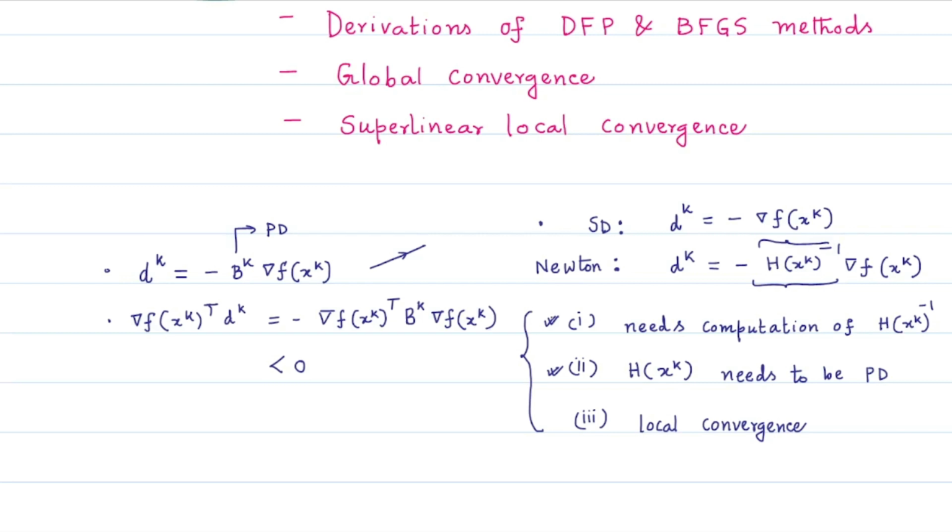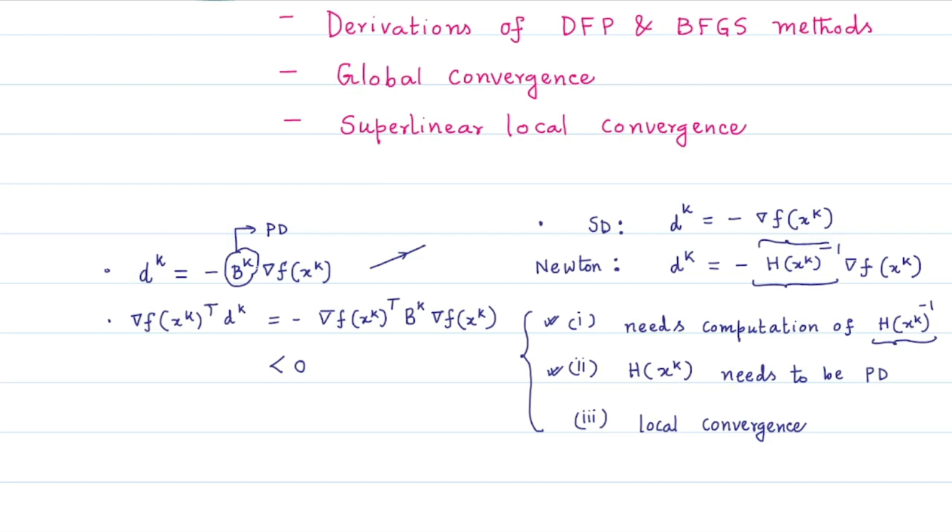Then instead of directly using Newton's method, we devise a method that does not use the computation of the inverse Hessian but constructs an approximation Bk to the inverse of the Hessian, whose accuracy to the actual inverse gradually improves and results in at least a superlinear convergence of the generated sequence xk by following this direction dk.